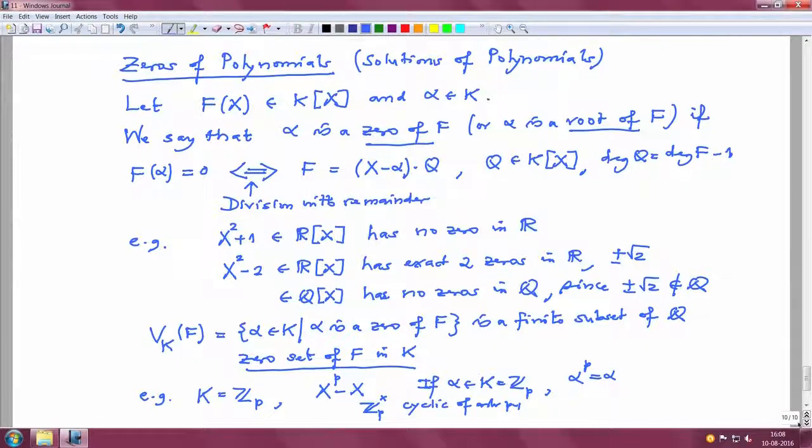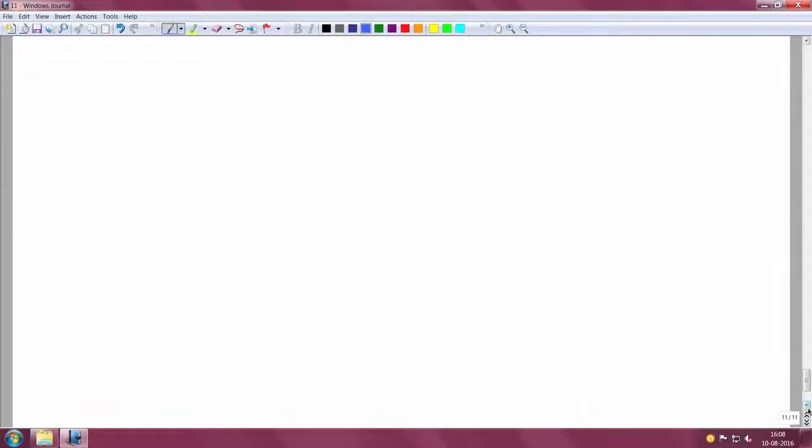So, this means the zero set of the polynomial x power p minus x in Z mod p is all of Z mod p.